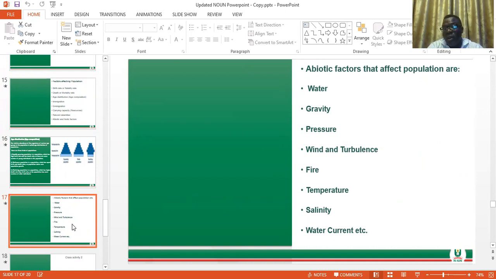When you are looking at terrestrial habitats, you realize that these factors differ. Most of what we're saying is that for aquatic habitats it is water pressure, temperature, salinity, and water current, whereas fire, wind, and gravity affect the terrestrial aspects of it. All right, so that was what we did.